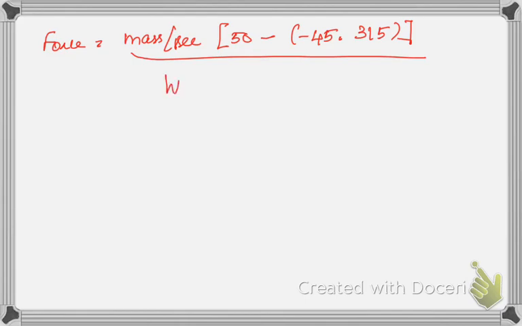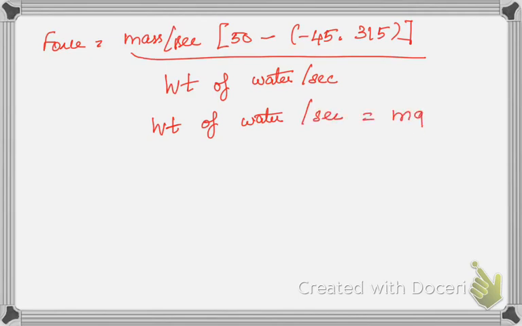Which means I have to divide by the weight of water per second. We can denote weight of water per second as mg, because weight is a force that acts due to gravity. So weight of water per second is equal to mass per second into gravity, mg.